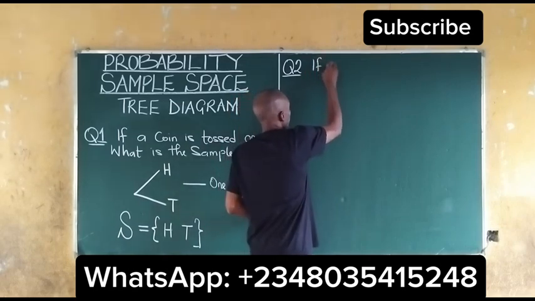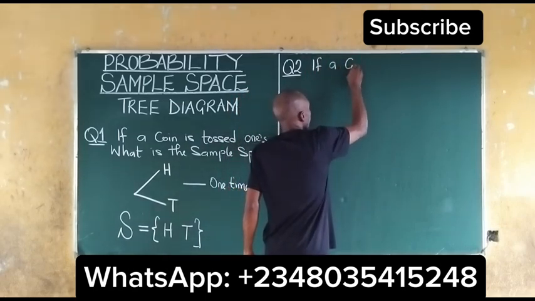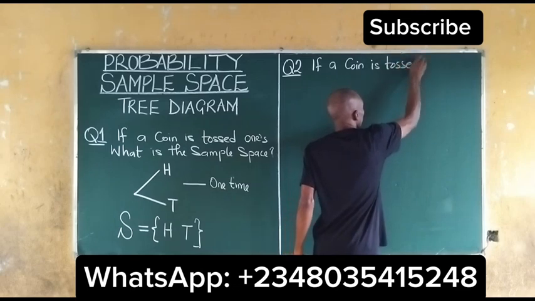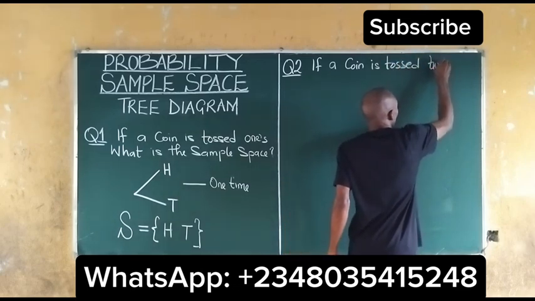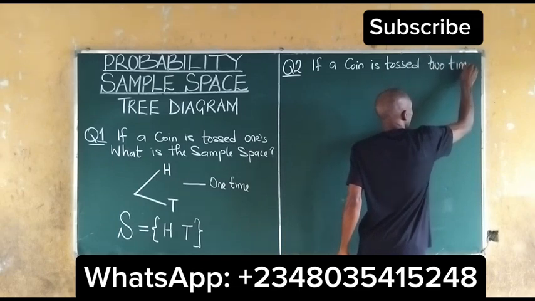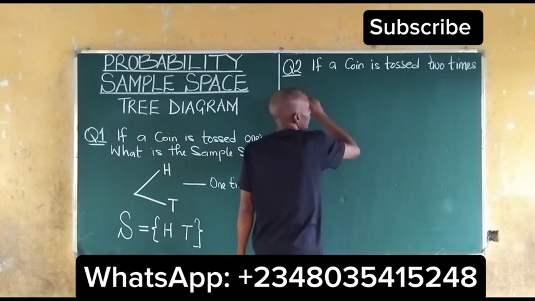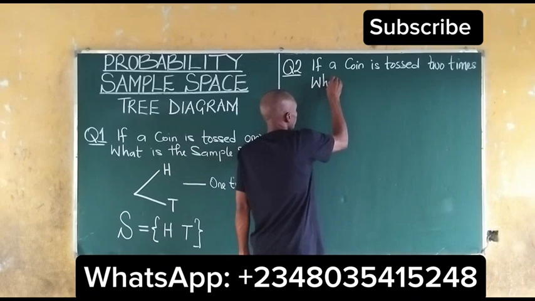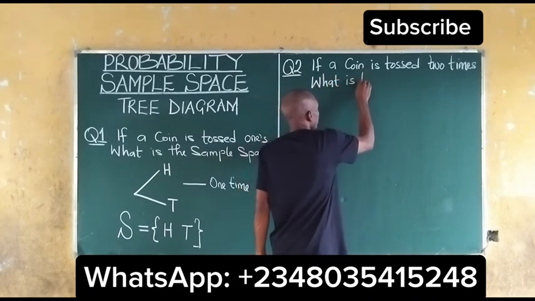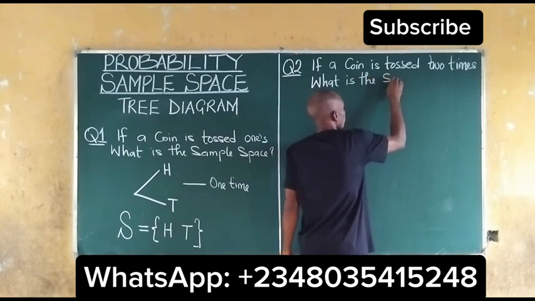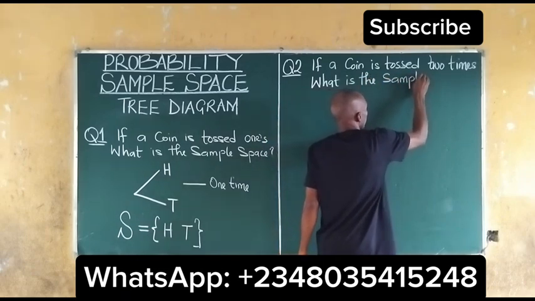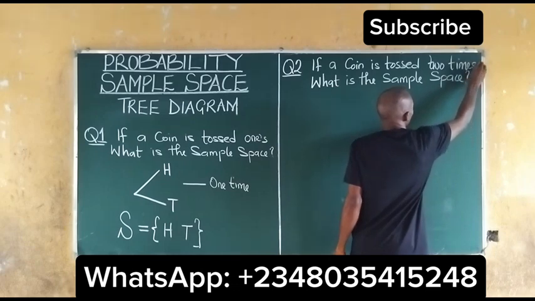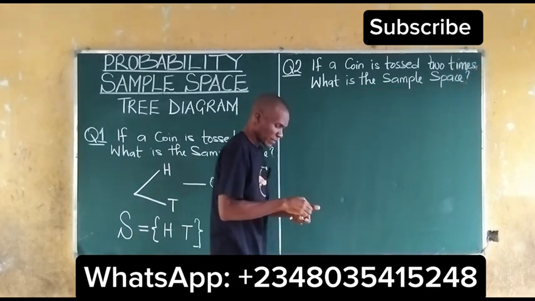If a coin is tossed two times, or twice, what is the sample space?